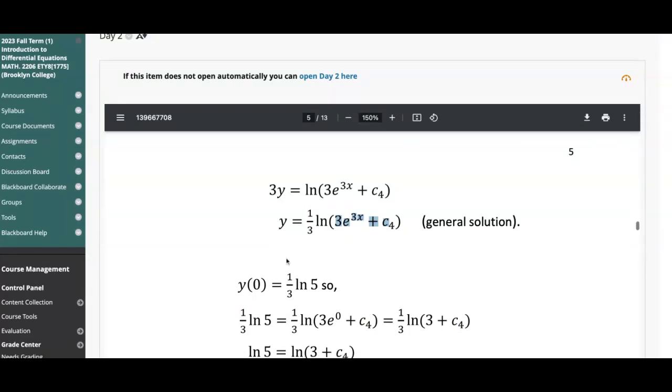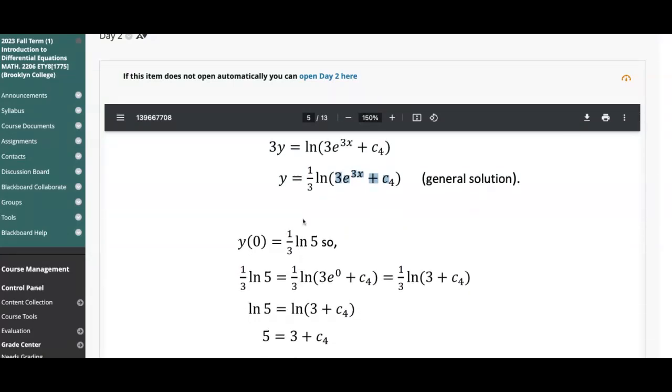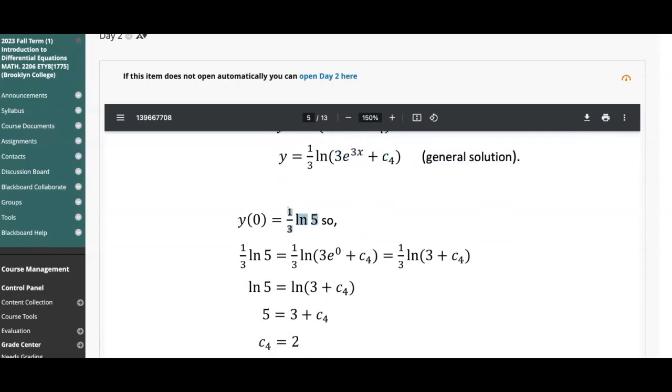Then with the initial condition, y of 0 equals this, so we can plug in for x to be 0, and the y value is this. So plug in x to be 0, get 1/3 of ln of 3e to the 0 plus a constant.